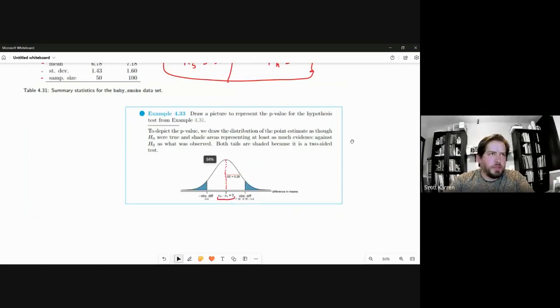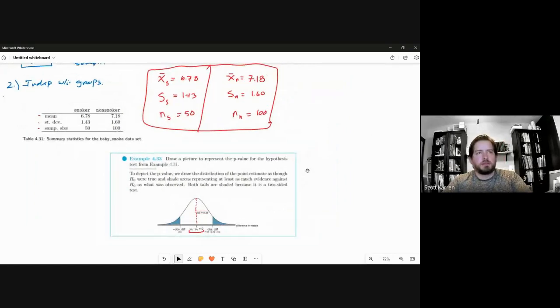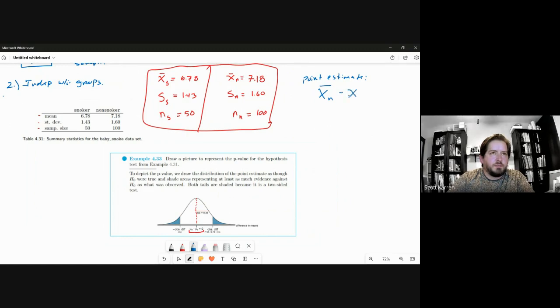or that we didn't calculate, so back up here for a second. The point estimate is for mu, x bar sub n minus x bar sub s, which is 7.18 minus 6.78, and that is 0.4.